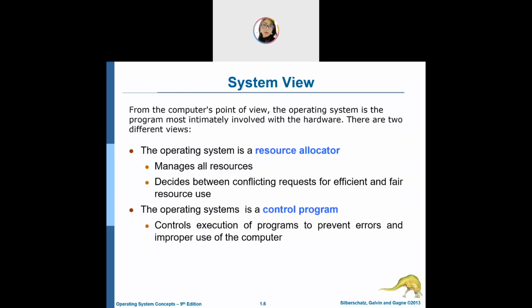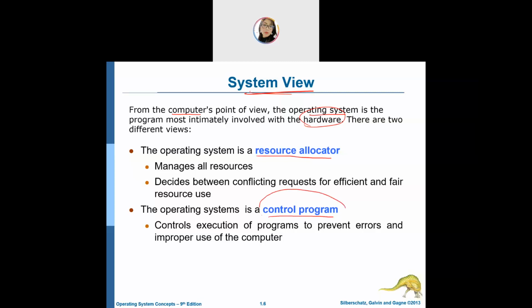But for the system view, the perspective from the computer's point of view, the operating system is the program most intimately involved with hardware. There are two views, okay? Under system view, there are only two: resource allocator and control program.